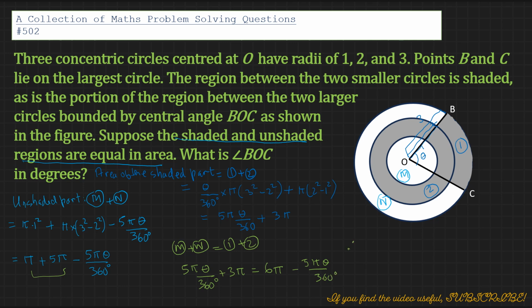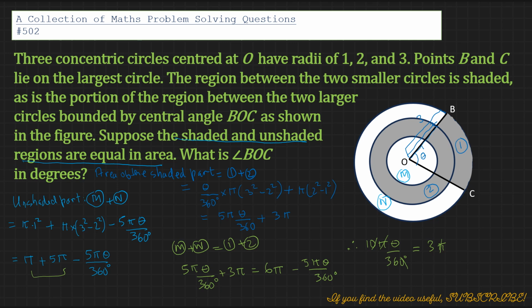And therefore, we keep the theta to the left side, so we'd have 10 pi theta out of 360 degrees equals 6 pi minus 3 pi, which is 3 pi. So the pi cancels out, and the 0 in 10 and the 0 in 360 go away.